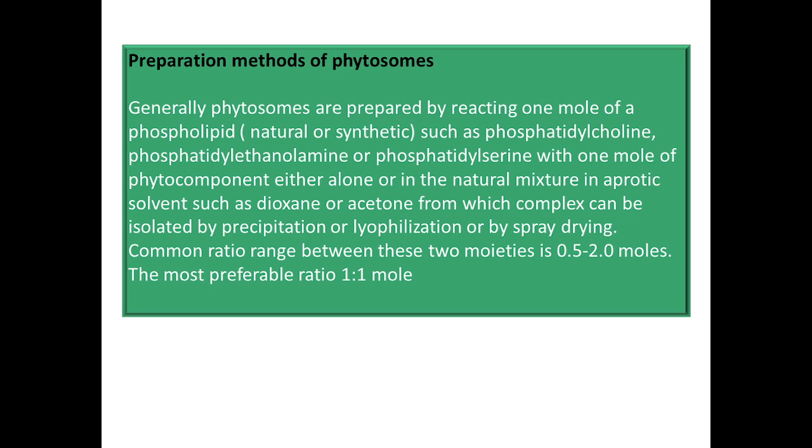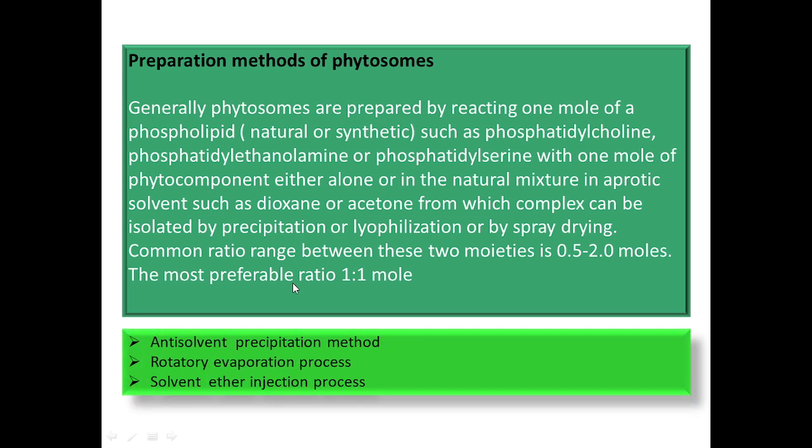Aprotic solvent means those solvents which do not donate proton to form a hydrogen bond. An example of such solvent is dioxane or acetone, from which the complex can be isolated by precipitation or lyophilization or by spray drying. The common ratio range between these two moieties is 0.5 to 2 molecules, or most preferably the ratio is 1:1.